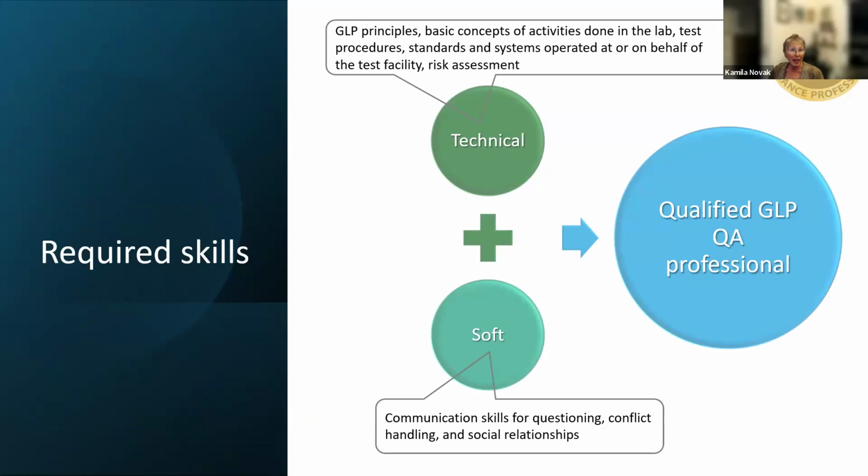So there are certain technical skills and soft skills that should go hand in hand for a GLP professional to be really well equipped to do the job. Technical skills, of course, include everything related to the standards, processes, procedures, protocol, and so on. And soft skills are related to communication, problem solving, conflict management, social relationships, because it's not only what we say, it's also how we say that matters.